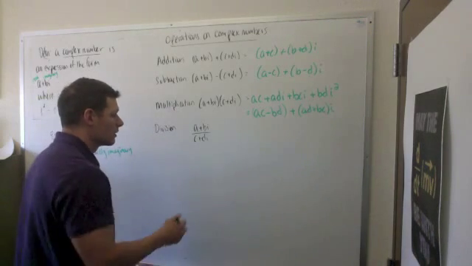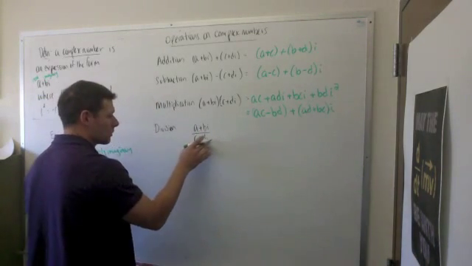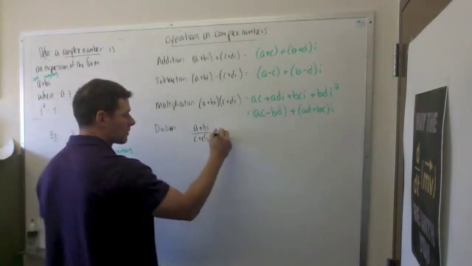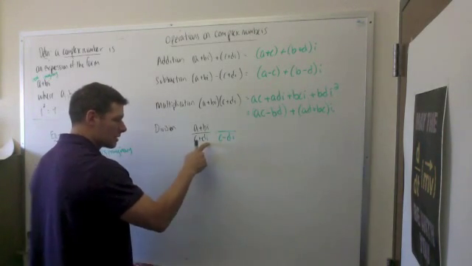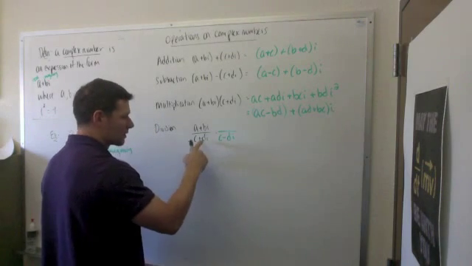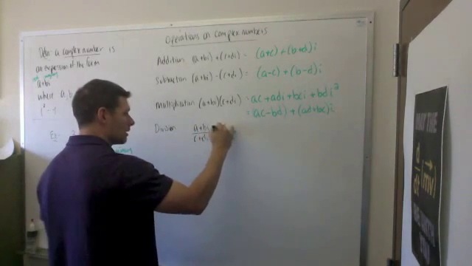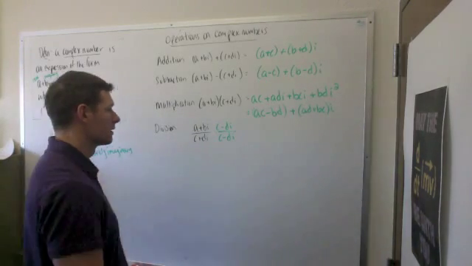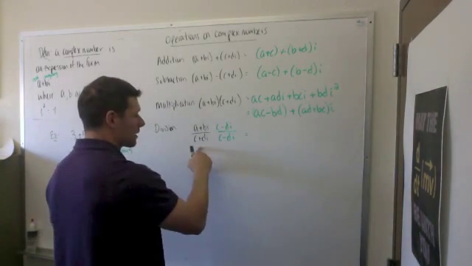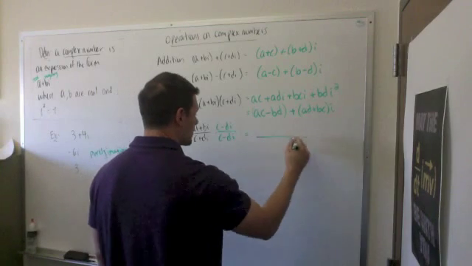When we divide, what we want to do is multiply both top and bottom by what we call the conjugate. The conjugate to c plus di is c minus di. The conjugate to c minus di is c plus di. And so I multiply both top and bottom by c minus di. And what happens is, we get a difference of squares down here, so we'll eliminate the i.